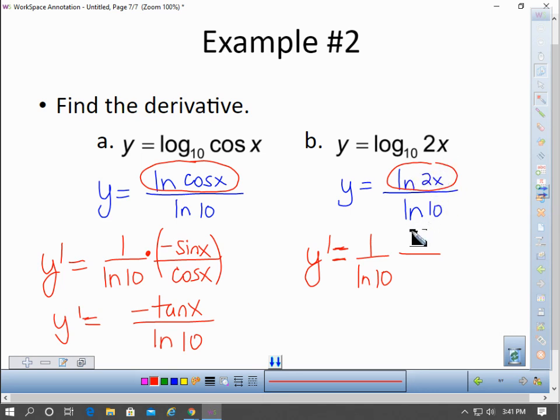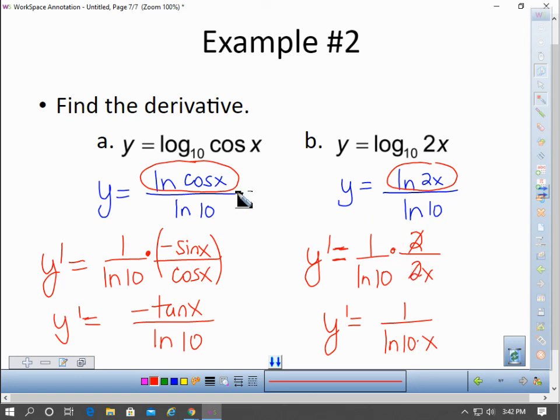It's the derivative of the function, which is going to be 2, divided by the function, which is 2x. And this is multiplication. I could clean this up by canceling the 2's. So my answer would be 1 over the natural log of 10 times x. You could put the x in front so it doesn't look like natural log of the quantity 10x. It doesn't have parentheses anyway, so it shouldn't be read that way.